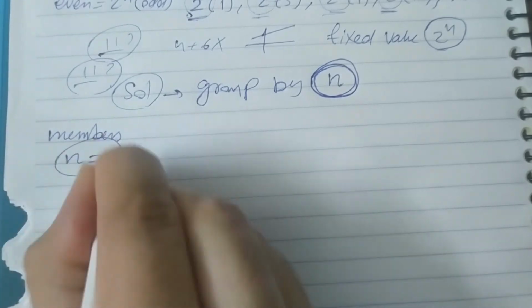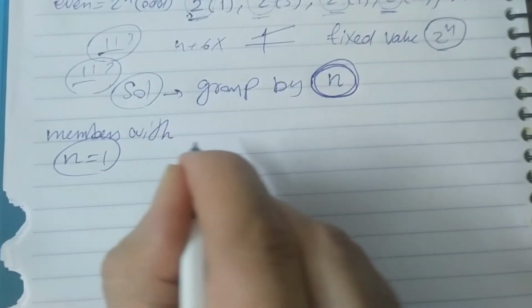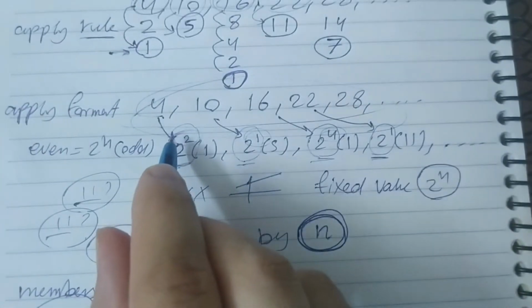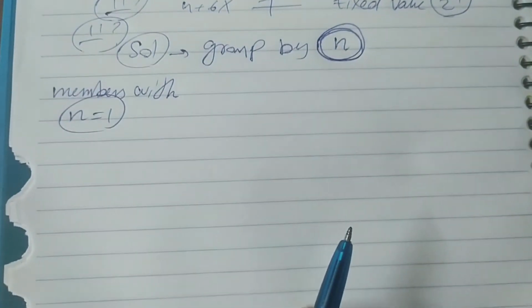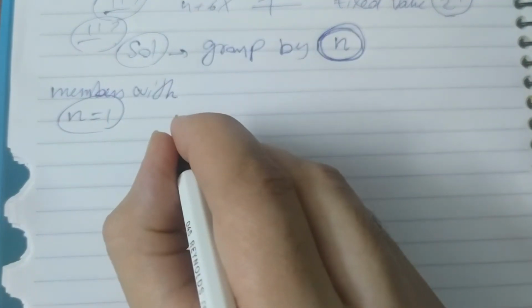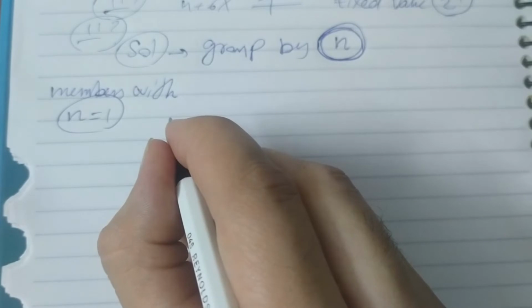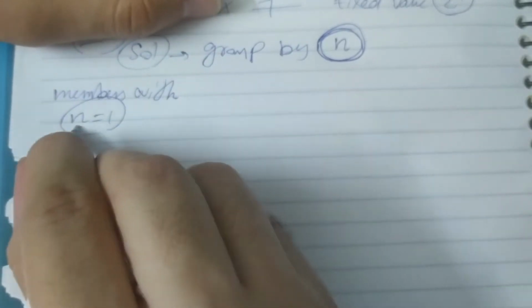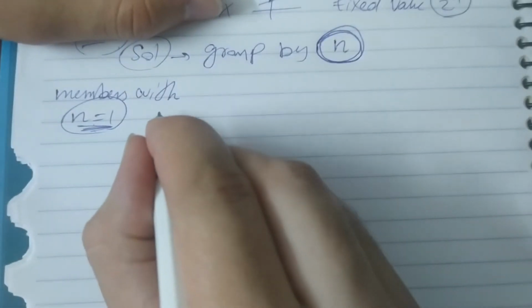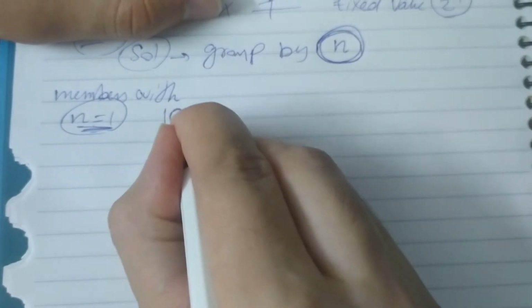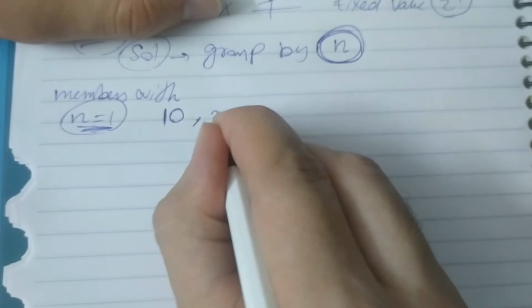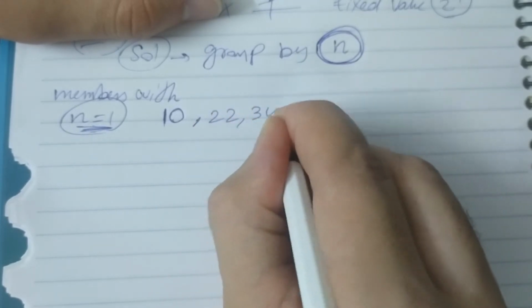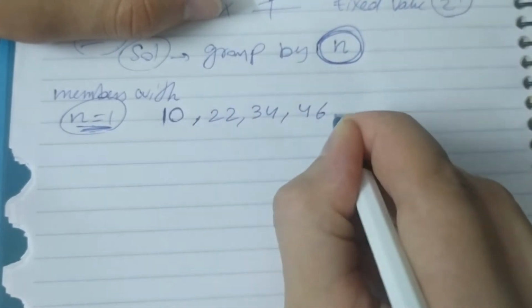Of course, this is a small sample, but if you have a larger sample like I did before this video, you're going to find the numbers that you want. For example, those members of 4 plus 6x which have n equal to 1 are going to be 10, 22, 34, 46, 58, and so on.